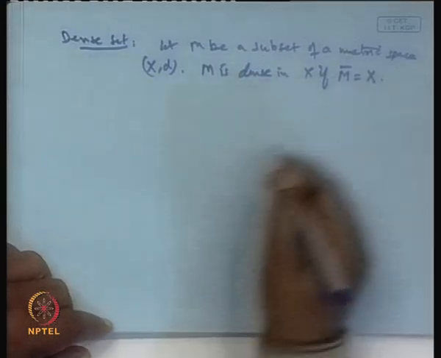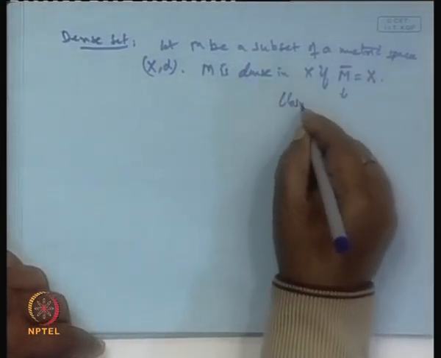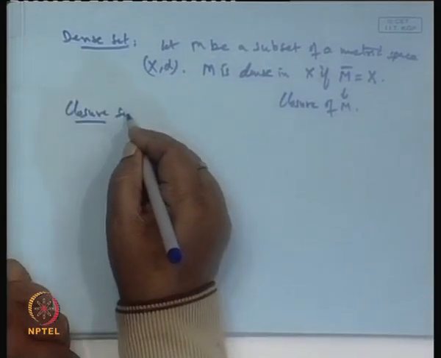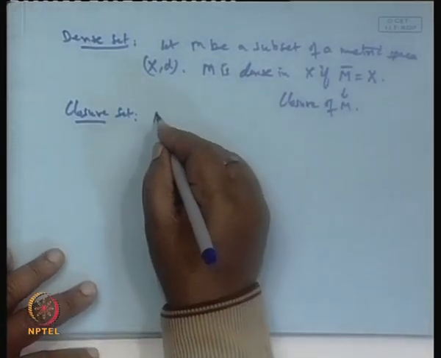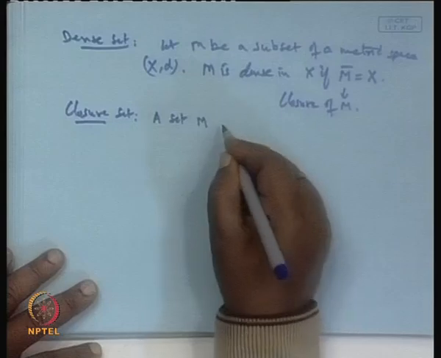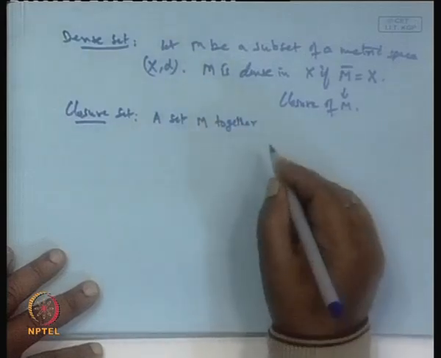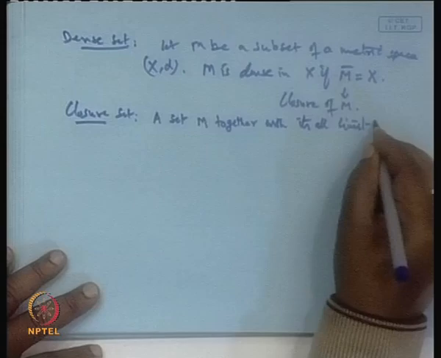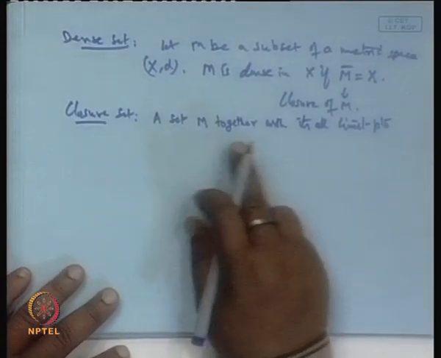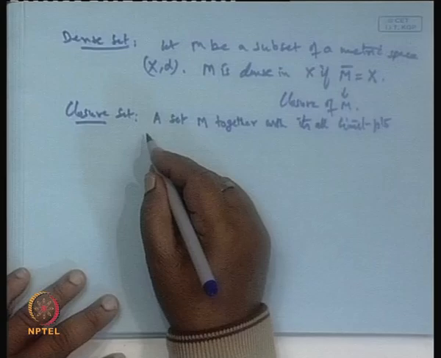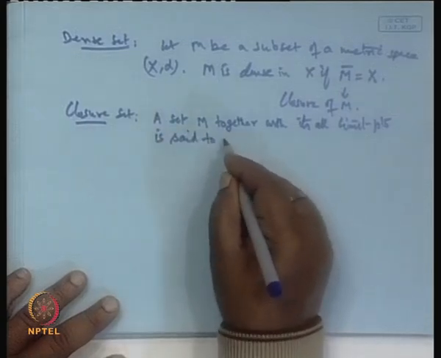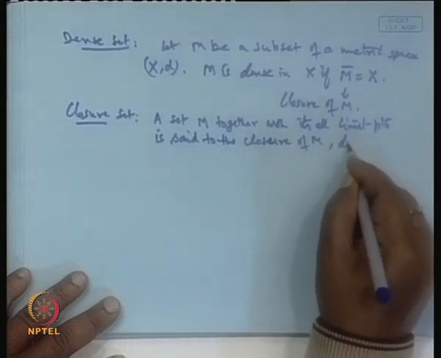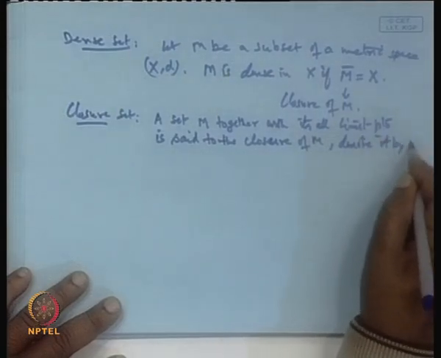What is the meaning of closure? M bar denotes the closure of M. A set M together with all its limit points is said to be the closure of M, and we denote it by M bar.